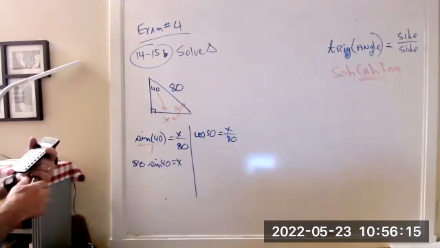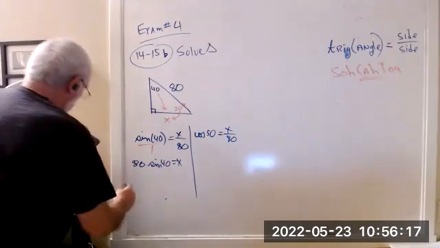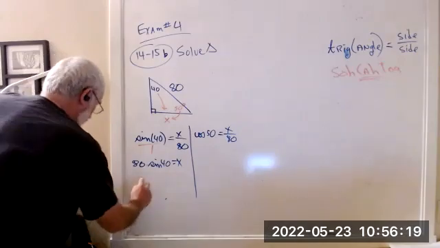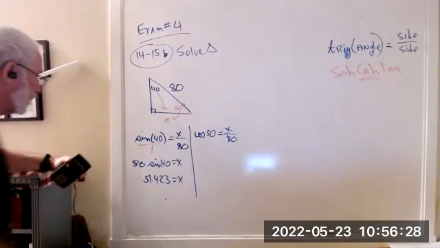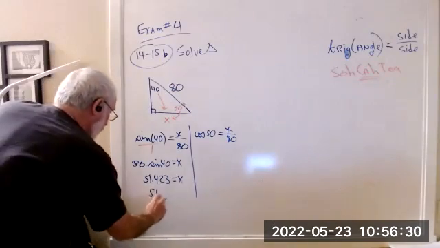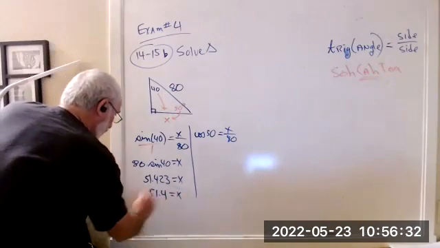I get 51.42, something, 423. Okay, and it told me round to the nearest tenth again, so I'm going to say 51.4 equals X.